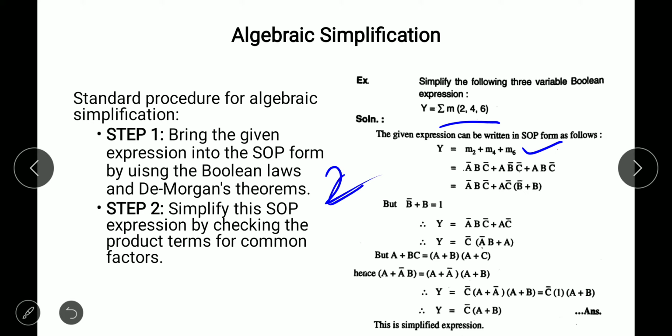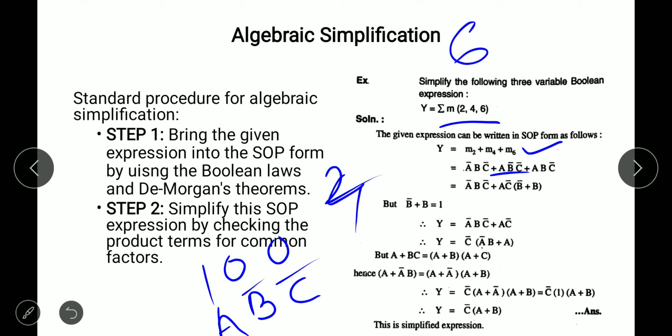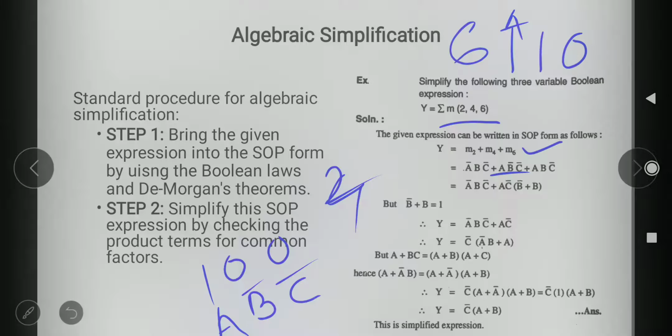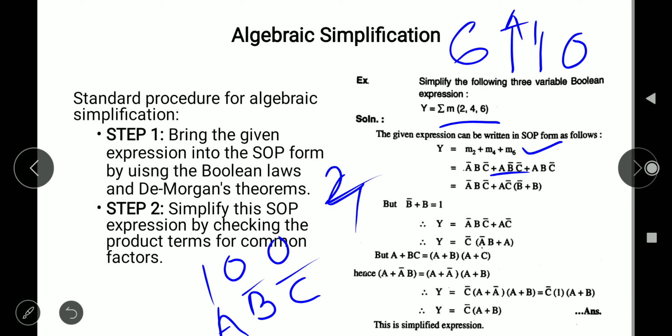What is the binary for 4? 1, 0, 0. This is A, then B bar and C bar. This is the second term. Then how can we write 6? 6 is nothing but 4 plus 2, that is 1, 1, 0. That is A, B, C bar. This is plus A B C bar.